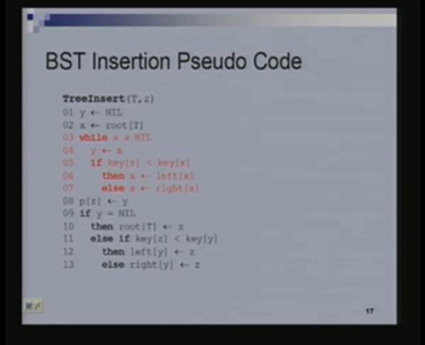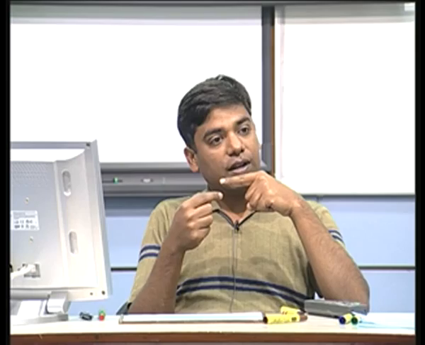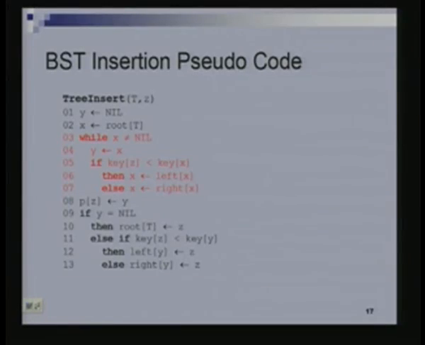But to put Z at that place, what will you have to modify? The parent of Z, you will have to modify its right child or left child, its contents. So essentially you need to have a pointer to the parent. So what will we do now? We'll have 2 pointers x and y, such that y will be preceding x.